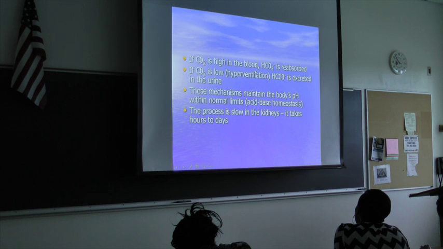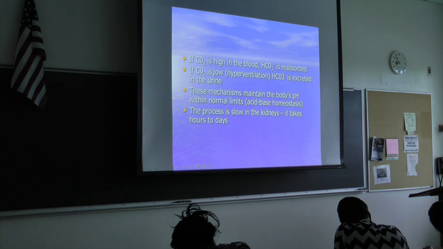Do you know why? If you have a lot of CO2 in the blood, why would it keep the bicarbonate? To buffer. Yeah, it wants to buffer that high CO2, which is like an acid when you have extra CO2. It wants to keep that ratio 20:1 so that you have normal pH.